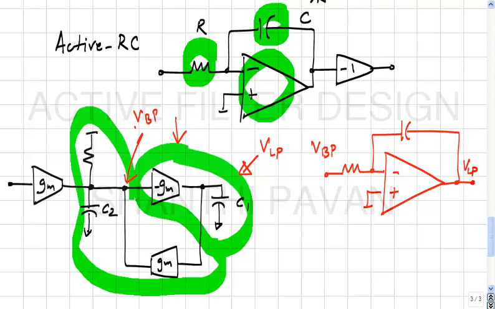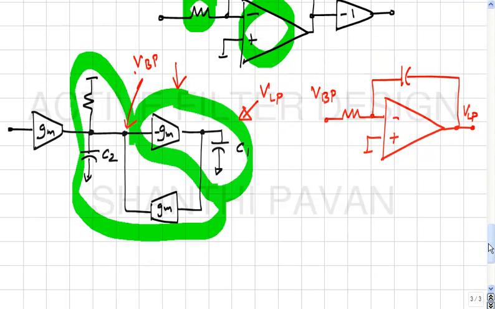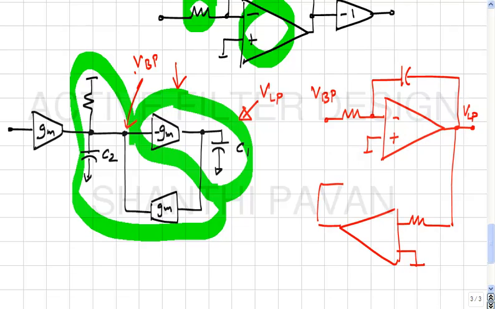Okay. So, how will I get a damped integrator? Yeah. A damped integrator is one where you make the capacitor lossy. All right.